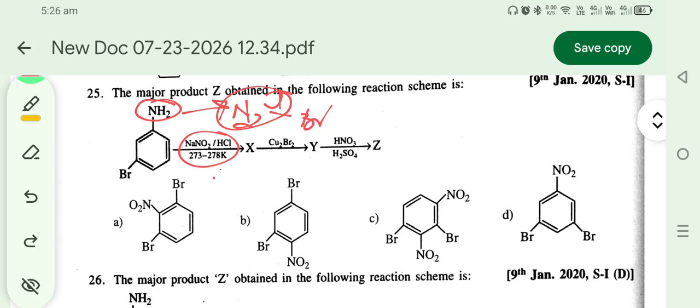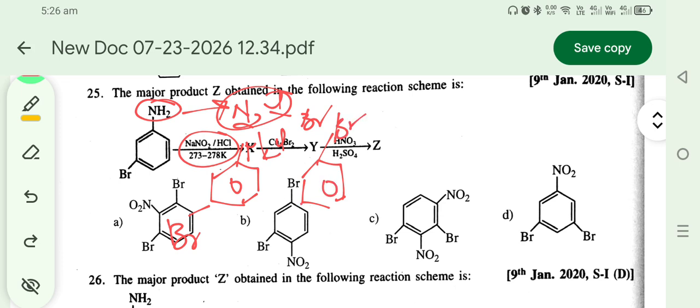X has bromine, and Y, the diazonium chloride, is converted to aryl bromide with bromide at the meta position. The next reagent is nitration. In nitration, both the bromines are ortho para directing. With respect to bromine, the NO2 group is substituted at the para position. It is option B.